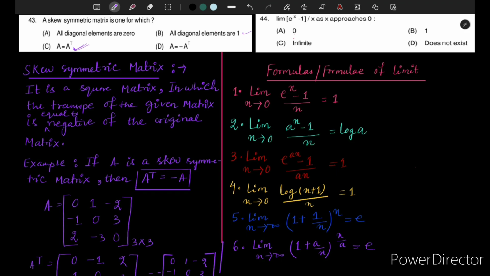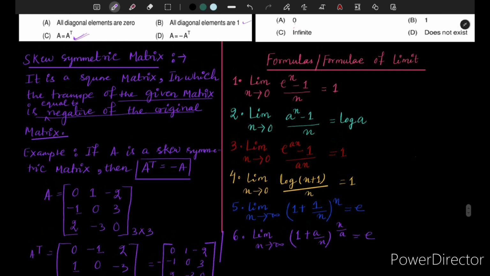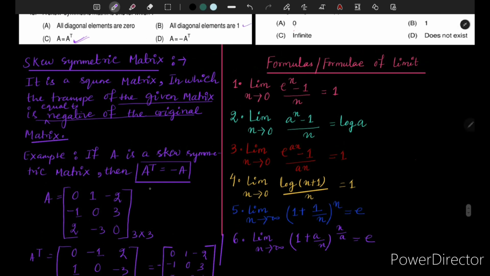But in case of a skew symmetric matrix, the transpose of the given matrix is equal to the negative of the original matrix. For example, if A is a skew symmetric matrix, then A transpose is equal to minus A. So for this we will take an example.